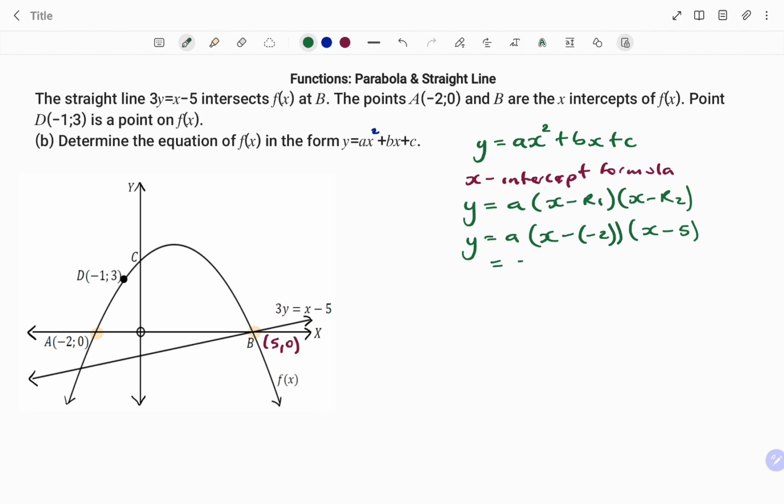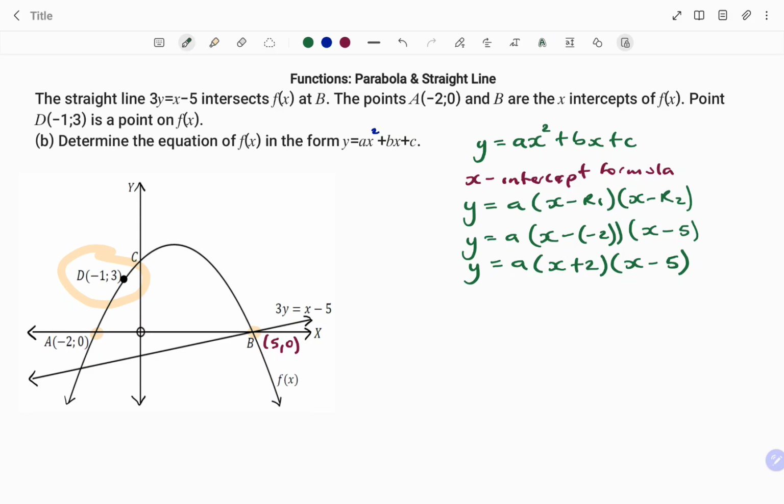If I rewrite that, that's a in bracket (x plus 2)(x minus 5). To find the value of a, I'm going to pick a point on the parabola and substitute for x and y. If I go back to the diagram, the point I'm going to use is the point D, because point D lies on the parabola.